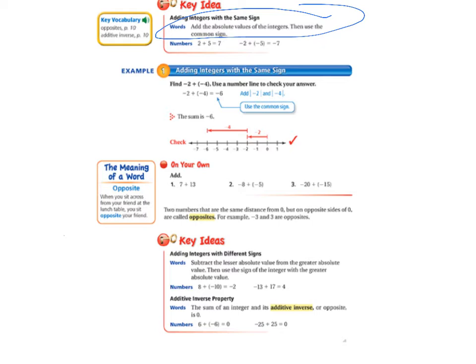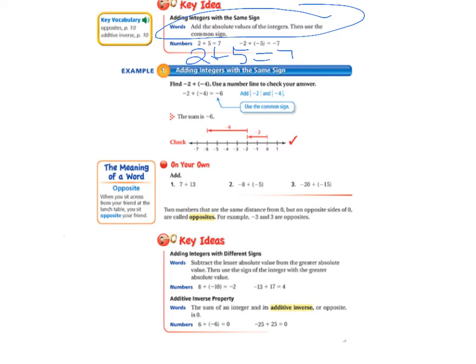Our example there, and I know it's hard to see here, is 2 plus 5 equals 7. So we understand that when there's no sign in front of them, that's a positive 2 plus a positive 5, and that equals a positive 7.